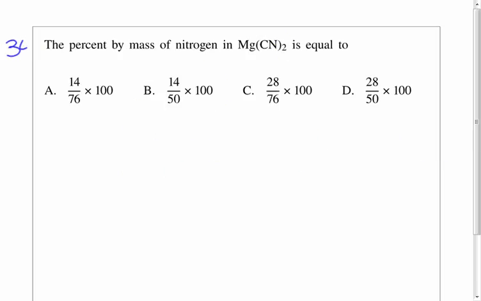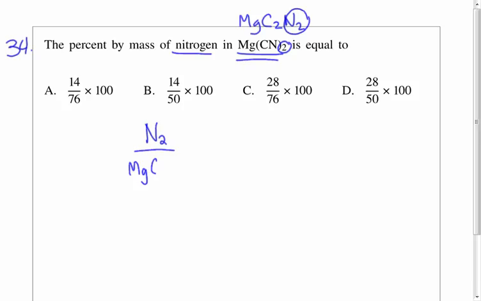Okay. Number 34, we want the mass of nitrogen within the whole thing. So you need to distribute this 2 that's outside to everything in the parentheses. So in this formula, we actually have 2 carbons and 2 nitrogens. So if we want the part that's nitrogen, we're going to have N2 over the whole thing. So we'll go to our periodic table. Again, round these to the nearest whole number. And so we have 2 times 14.